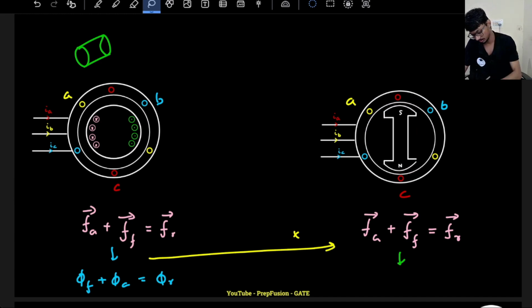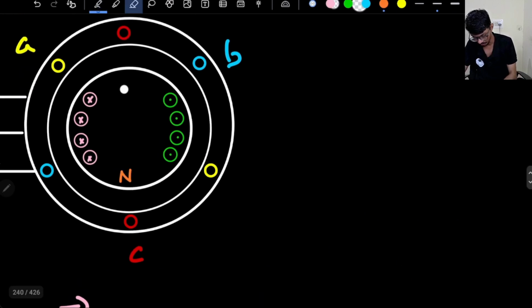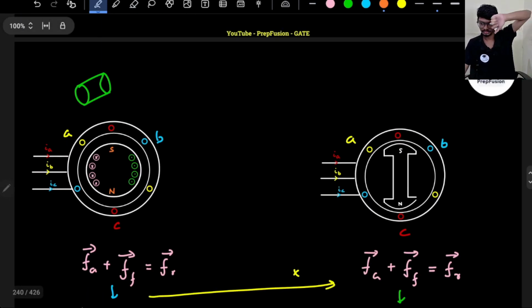So the bottom will be the north pole and the top will be the south pole, because the magnetic field goes from down to up along this path.